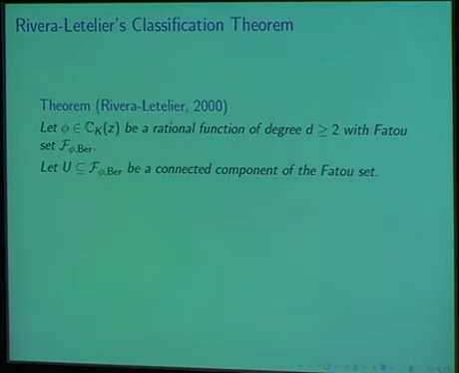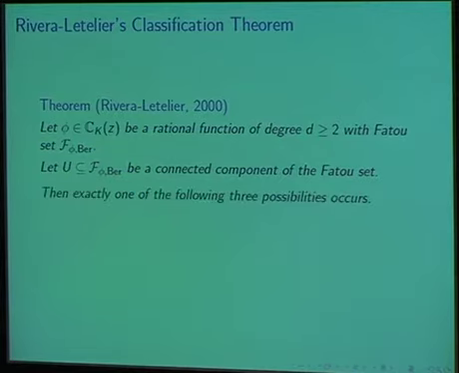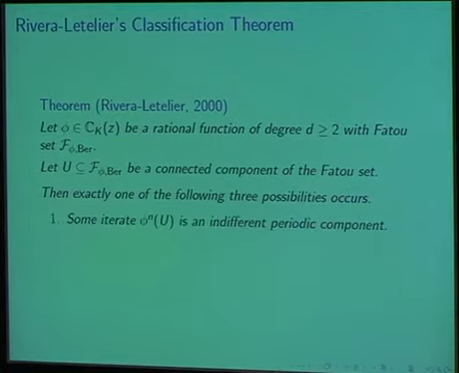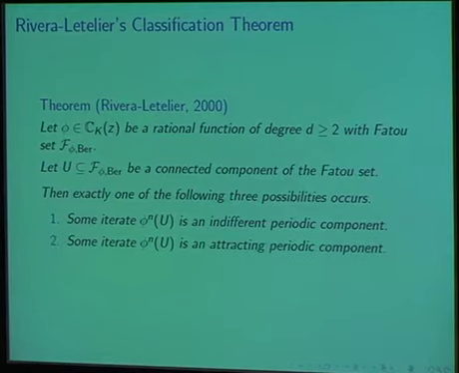So Juan Rivera-Letelier in his thesis proved like everything, but one of the things he proved was this following classification theorem: if you've got a connected component of the Fatou set, exactly one of the following three things happens. Either it's pre-periodic, ultimately landing on an indifferent component, that is to say, one of these components that maps to itself one-to-one, or it's pre-periodic, ultimately landing on an attracting component, that is one that contains a unique attracting periodic point of that exact same period, and everything in the component gets sucked in to that point under iteration, or it's wandering.